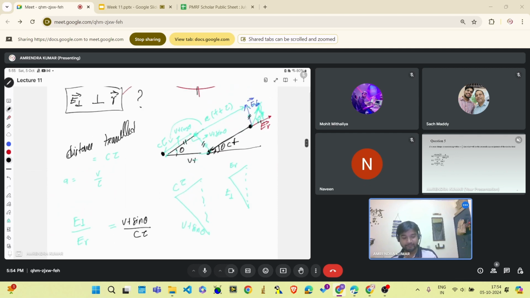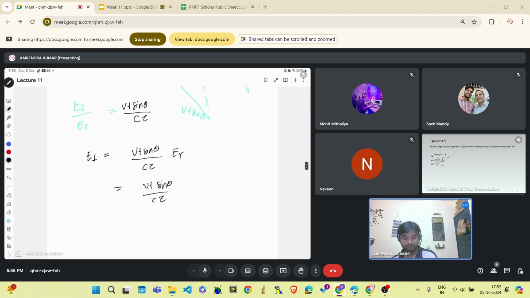If this is a charge and some distance is r here, you can just write down the electric field as q over 4 pi epsilon naught r square, from Gauss law.